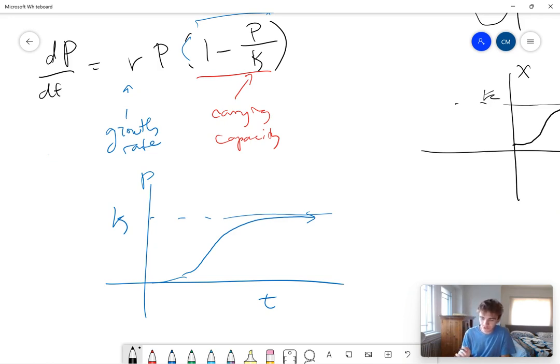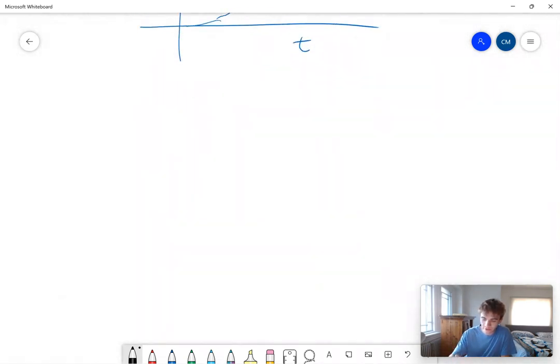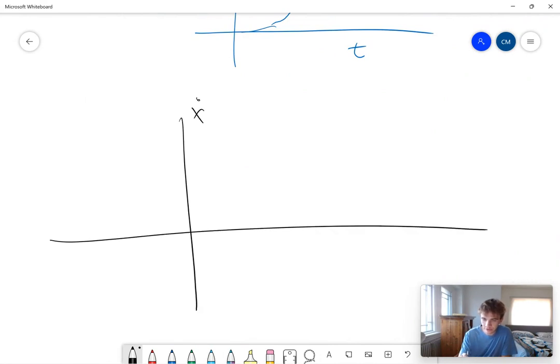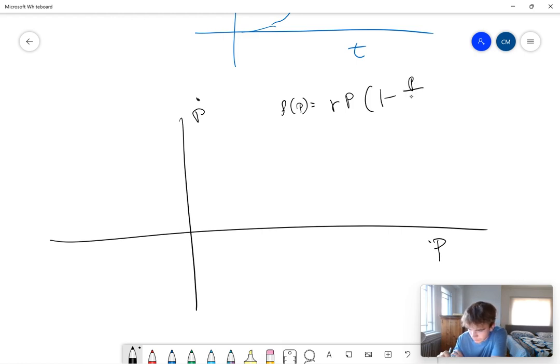However, let's just use the methods that we've learned the past few minutes here. And so I'm going to just graph the phase portrait now, x dot with respect to x. And remember, I'll just write it up here. We're going to have f of p is equal to rp, and I should use p instead of x, I'm sorry. Here's p dot, 1 minus p over k.